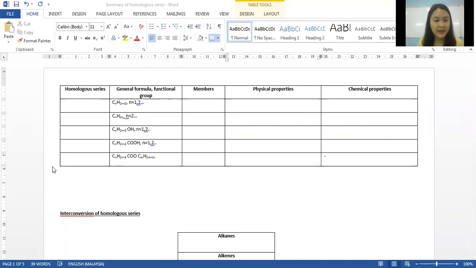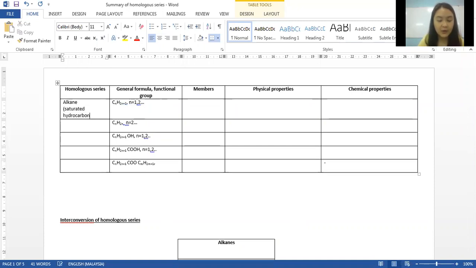So we start by recapping what the 5 homologous series are that we have covered in Chapter 2 of the Form 5 SPM syllabus. The first homologous series that you learn is the alkanes group. Alkanes are considered saturated hydrocarbons.